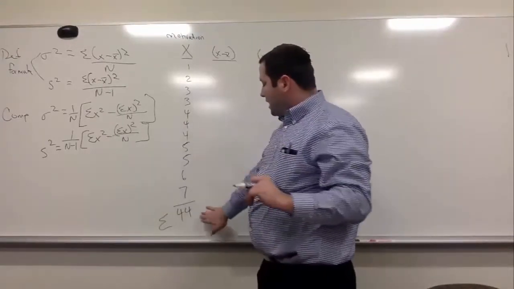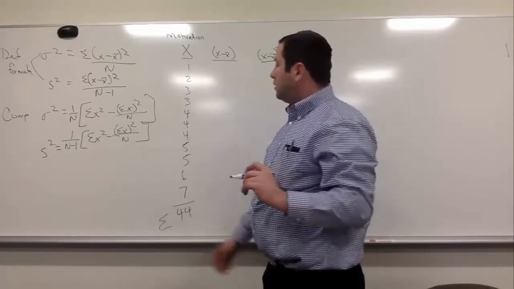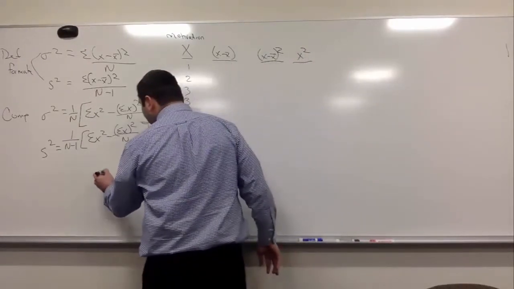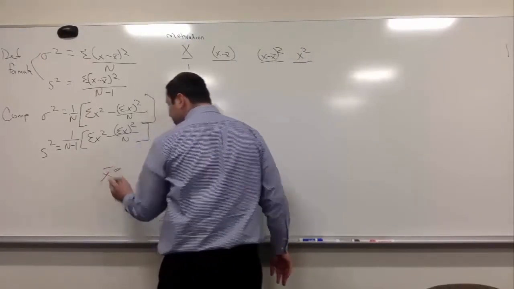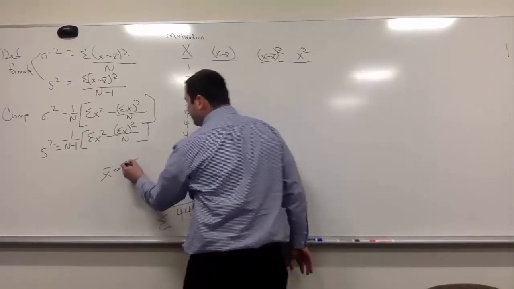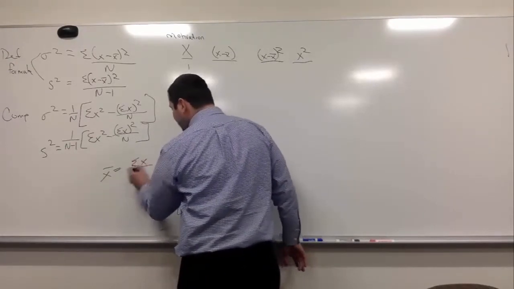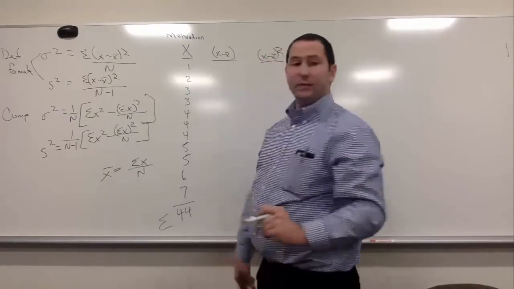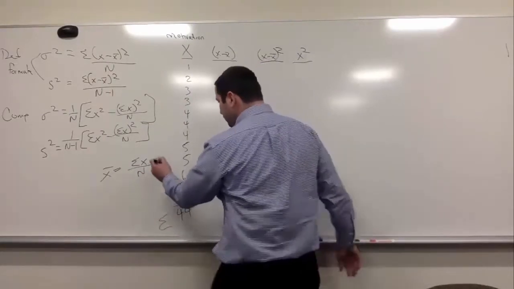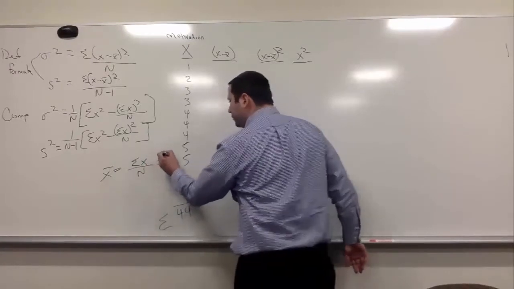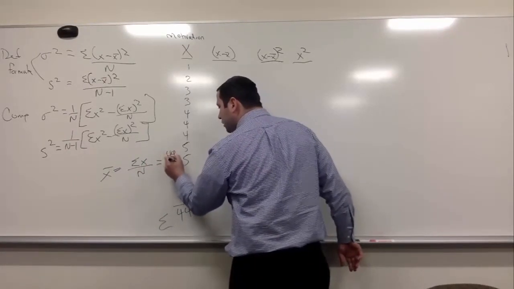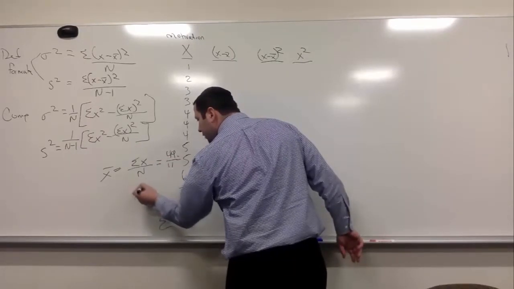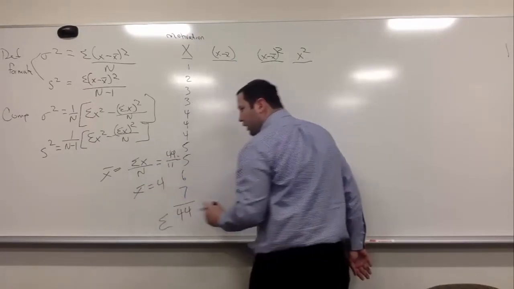Now, we added up the column, and we get 44. So if you remember, to calculate the mean, your mean is the sum of X divided by N. So in this case, our mean is equal to 44 divided by 11, which is equal to a mean of 4, right?